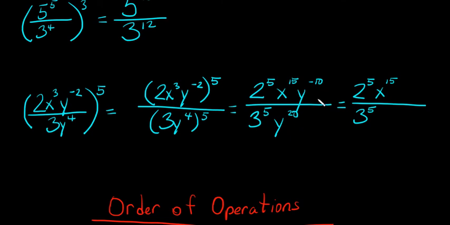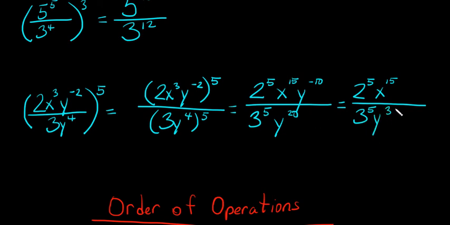Negative 10 we have in the top, and we have 20 in the bottom. I'm going to bring this one down because it's negative and add it to the 20, y to the 30th power.